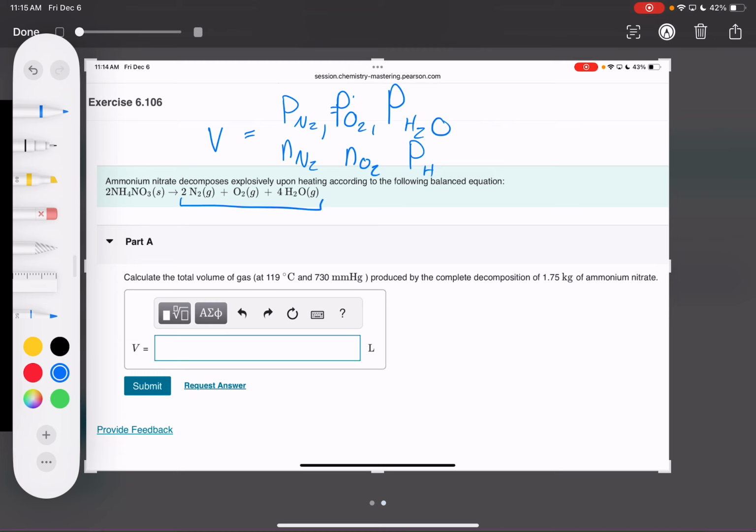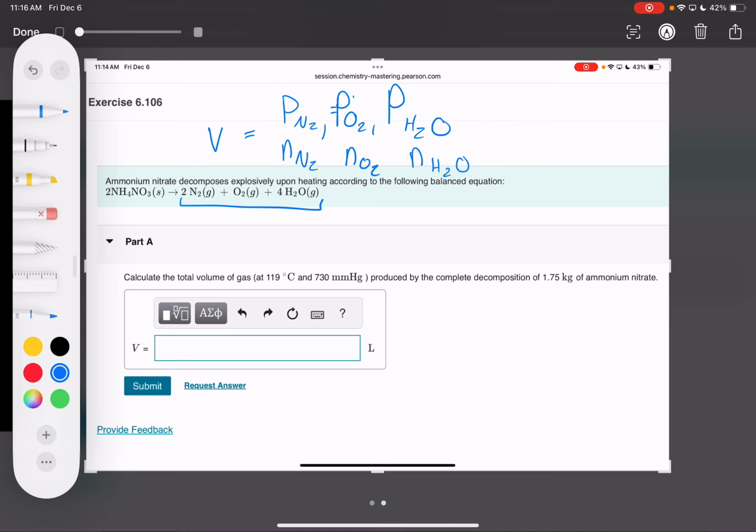I just did pressure, because pressure and moles are proportional to each other. And if you're talking about a mixture of gases, everything else is constant. So if you know that neon is 2/3 the amount of moles, it's also 2/3 the pressure. So you're kind of using that idea here.